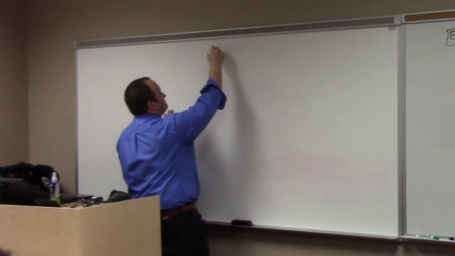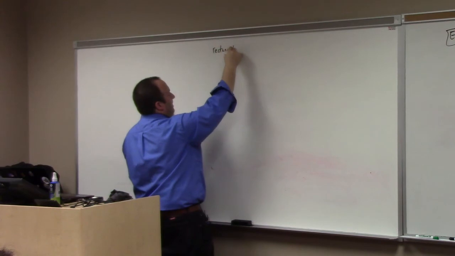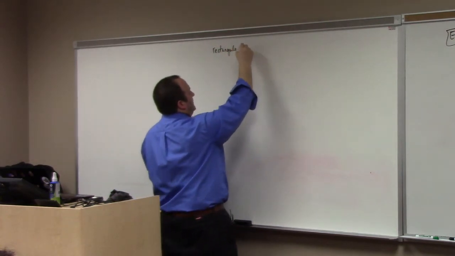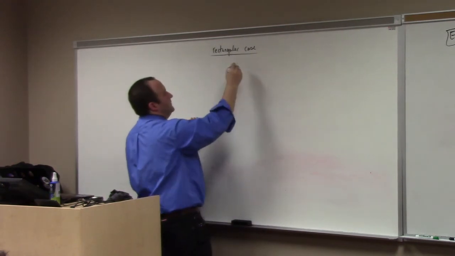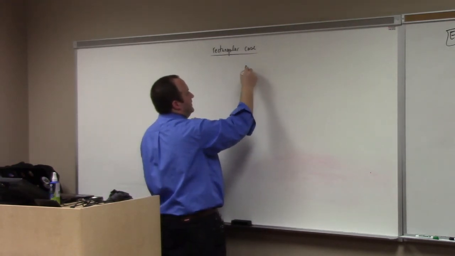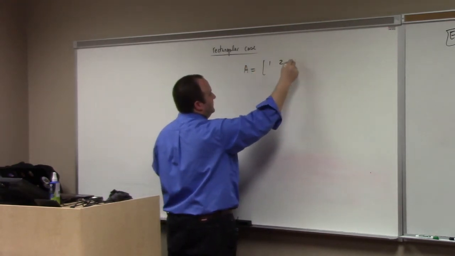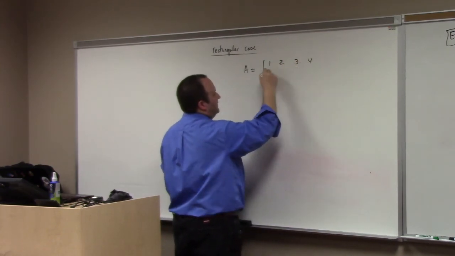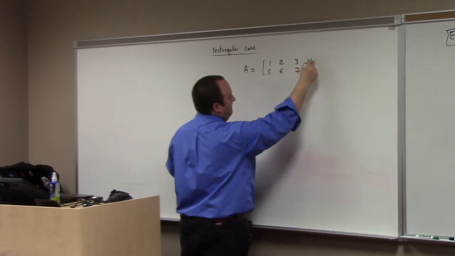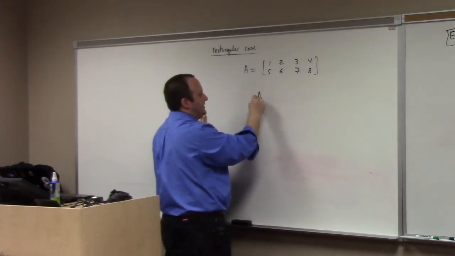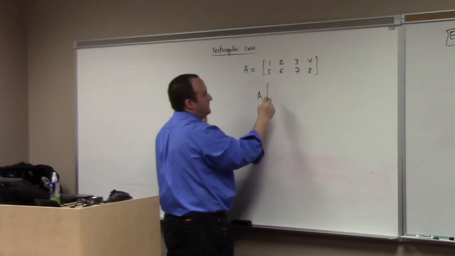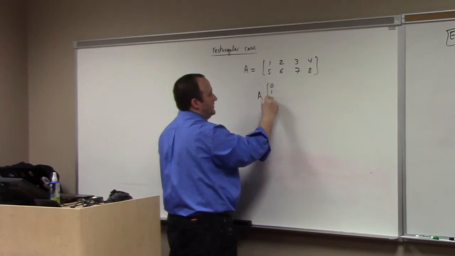if we have a rectangular matrix, how would that be different? Suppose we have A equals 1, 2, 3, 4, 5, 6, 7, 8. In this case, I could do things like A times 0, 1, 0, 0.